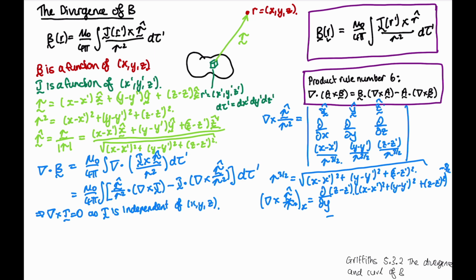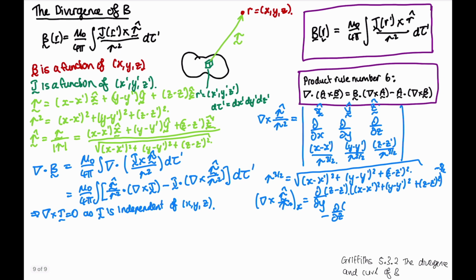And then we've got minus d dz of y minus y prime times x minus x prime squared plus y minus y prime squared plus z minus z prime squared, and this is again to the minus 3 on 2. So now we're just doing these differentials here.